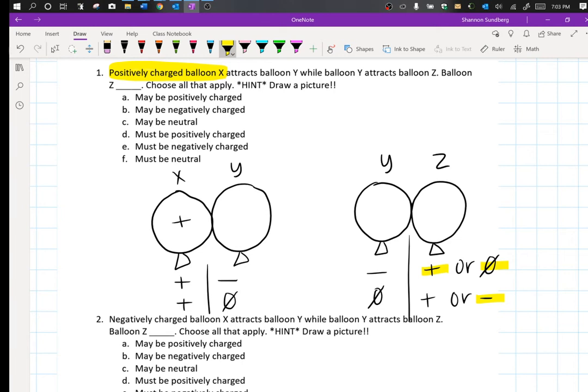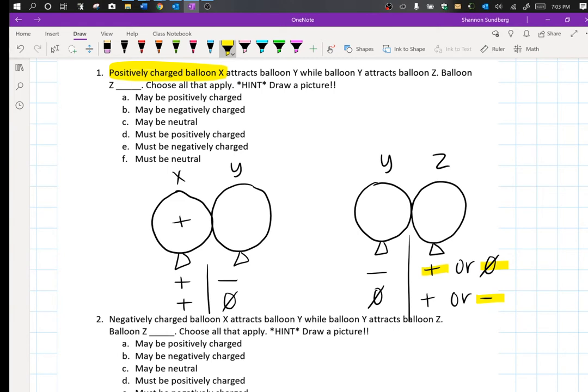So let's check out our answer choices. It says choose all that apply. A says it may be positively charged. B is it may be negatively charged. C is it may be neutral. D, E, and F use extreme language to say it must be positive. What that means is it must be positive and it can't be anything else.